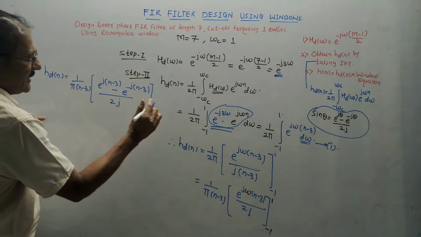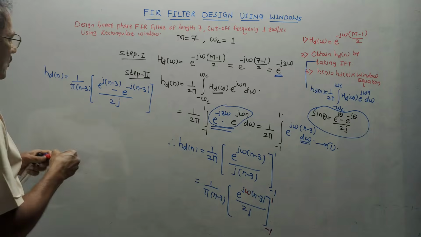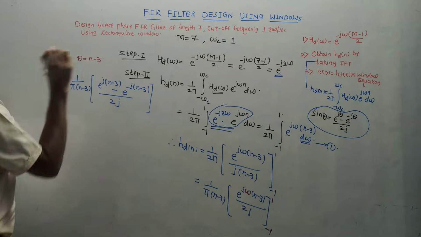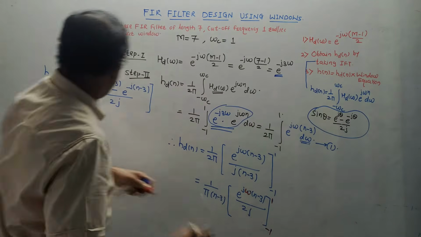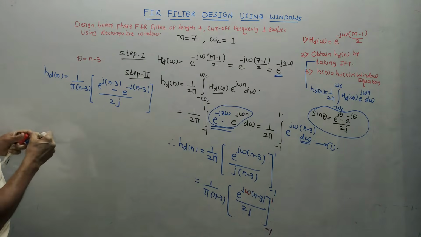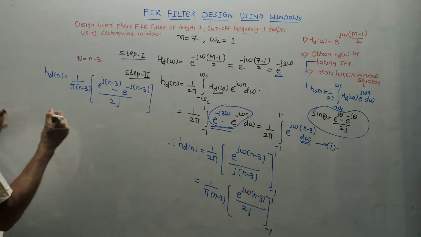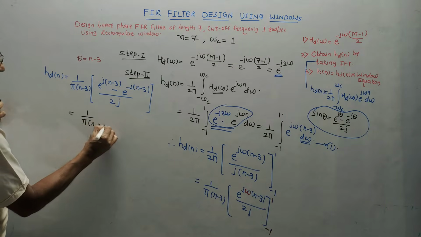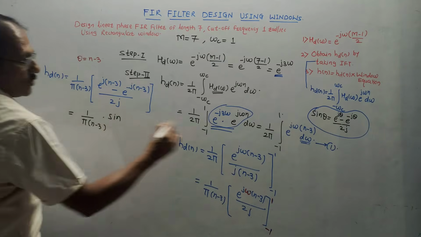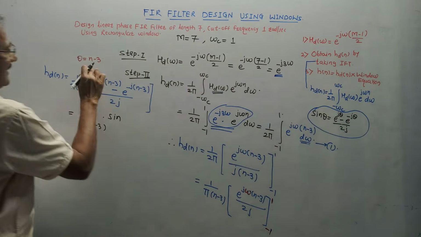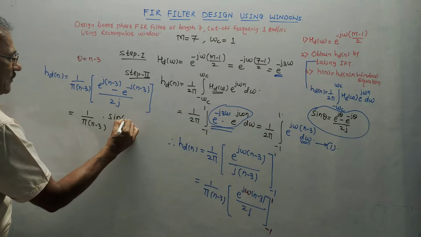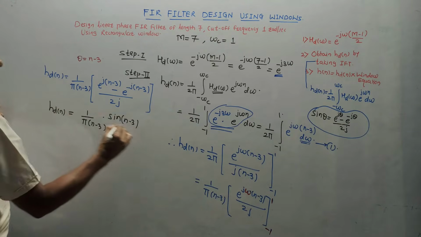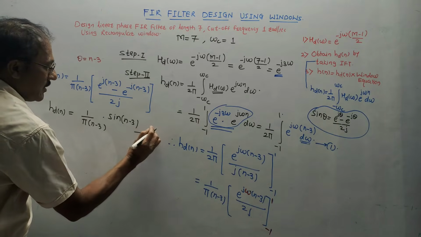Look at this equation. Here you can say the value of theta is n minus 3. So this answer can be written as hd of n is equal to 1 by pi n minus 3 into sine, look at the formula, it is sine theta and theta is n minus 3, sine of n minus 3. This is the answer of hd of n, say equation number 2.